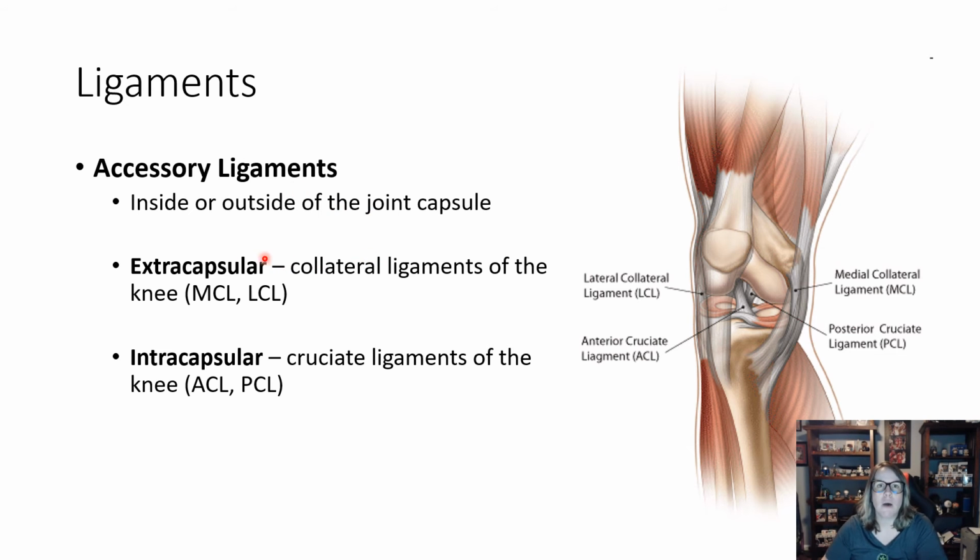When we talk about extracapsular versus intracapsular, extra means outside, intra means within. The ligaments on the outside of your knee are the medial collateral and the lateral collateral. You also have two ligaments that sit on the inside of the knee. They're intracapsular: the anterior and posterior cruciate ligaments. We will talk more about these four as we move into the knee in the next video.